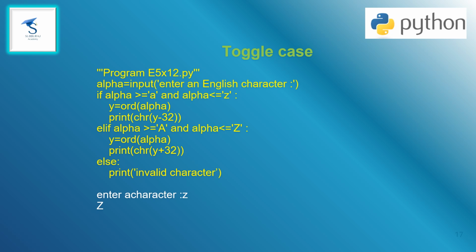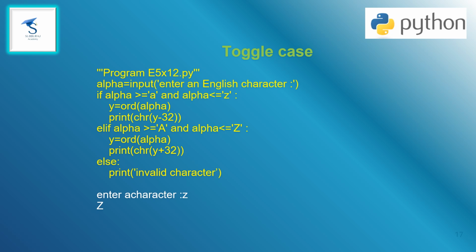If alpha is greater than or equal to a and less than or equal to z, y is ord of alpha. Ord is a function which converts the character, which has an ASCII value or Unicode value, to the Unicode value.